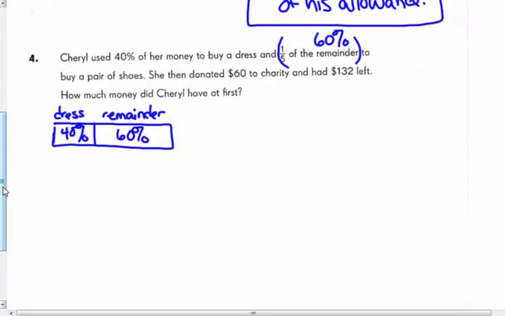She used a fifth of that, so this part's cut into 5, basically. She used 1/5 of that to buy a pair of shoes, which means she has 4/5 left.